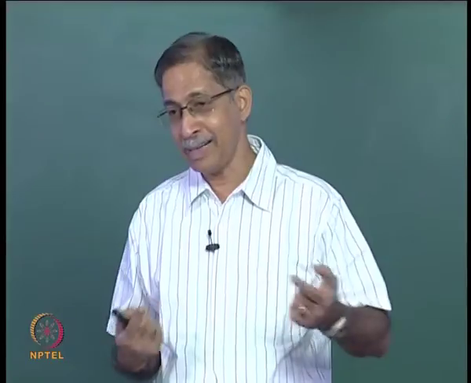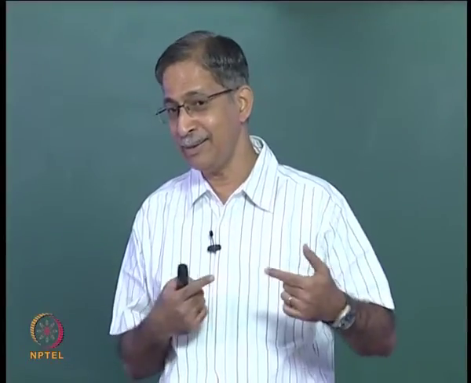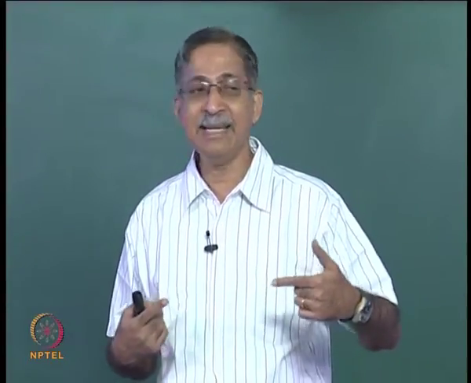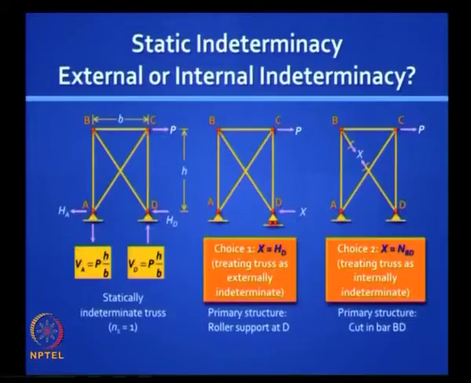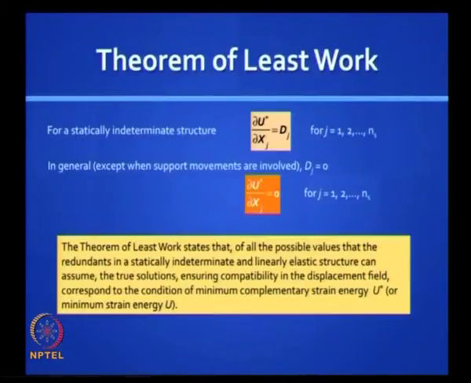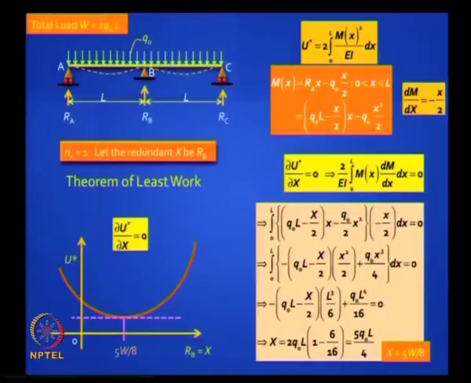Actually the bar can elongate, D is not the elongation in the bar, it is the relative displacement between the cut ends, and that is how it is reflected in Castigliano's theorem, and the interpretation of it is that you are actually minimizing the strain energy. We demonstrated this with a simple problem of a 2-span continuous beam, if you recall, and you need to carry out this integration, and you will get X equal to 5w/8.